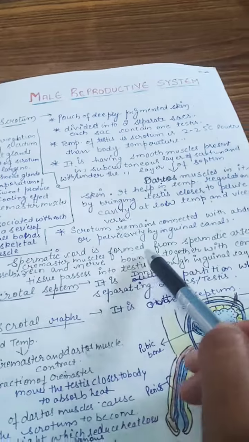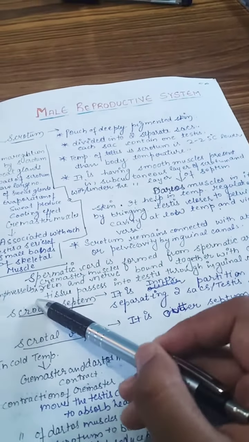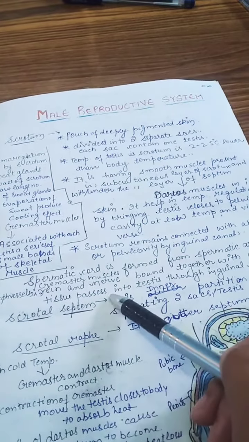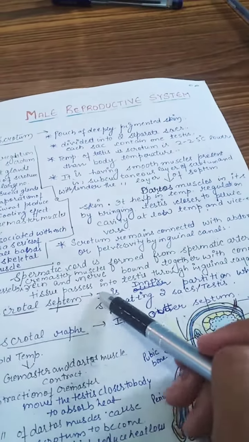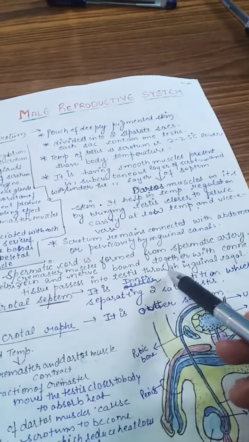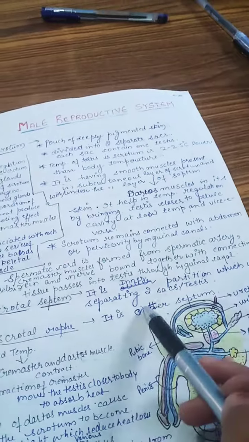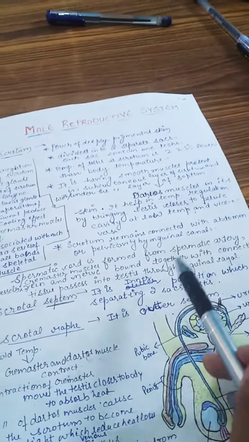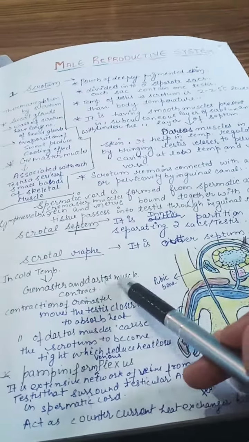The spermatic cord is formed from the spermatic artery, cremaster muscle, vessels, veins, and nerves bound together with connective tissue, and passes into the testes through the inguinal canal. The scrotal septum is the inner partition which separates the two sacs or testes, formed by the dartos muscle. The scrotal raphe is the outer septum.